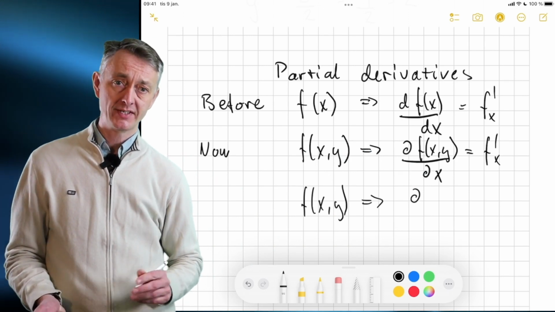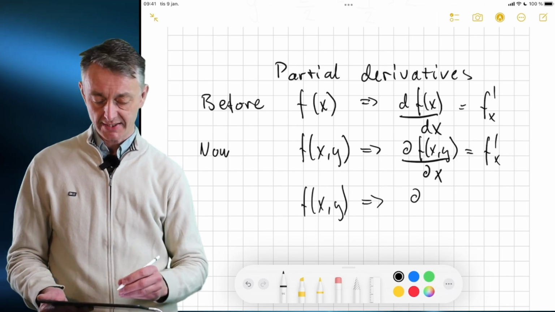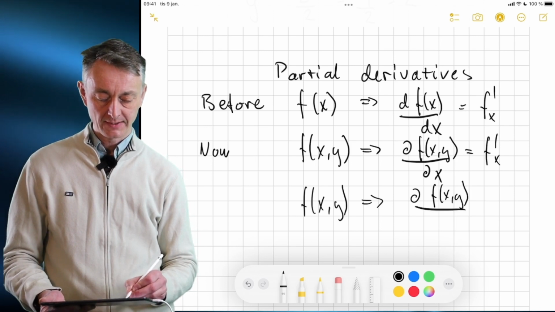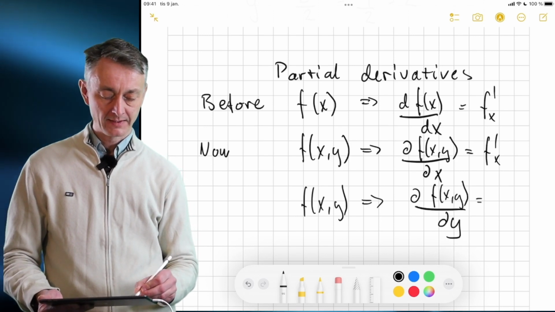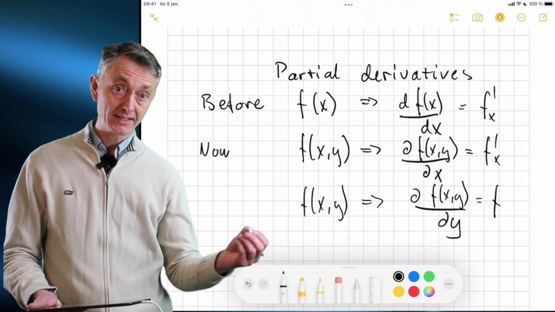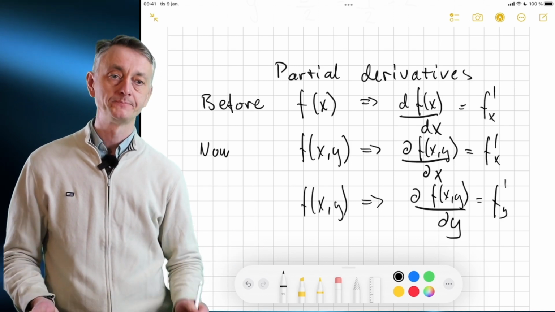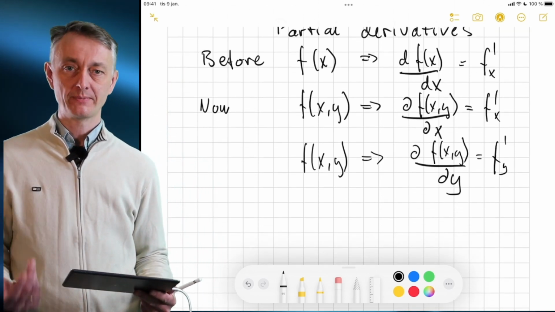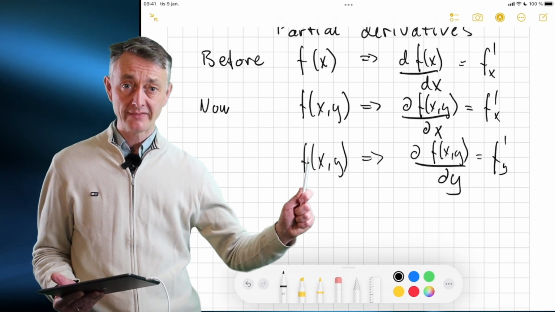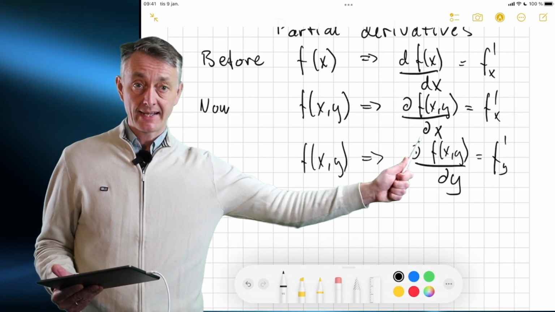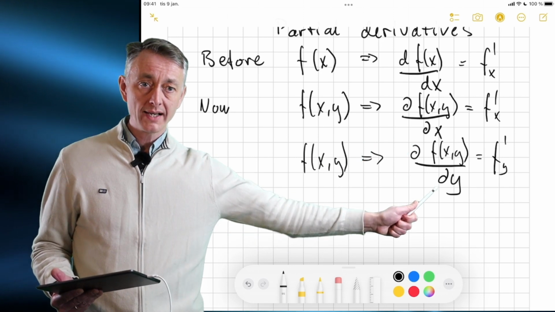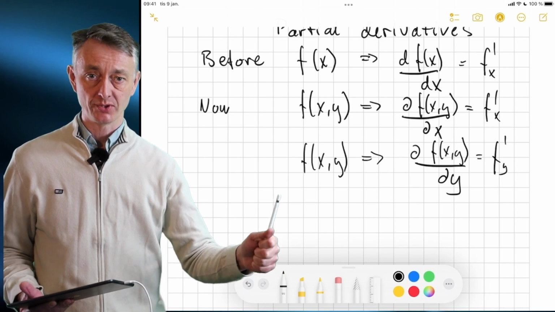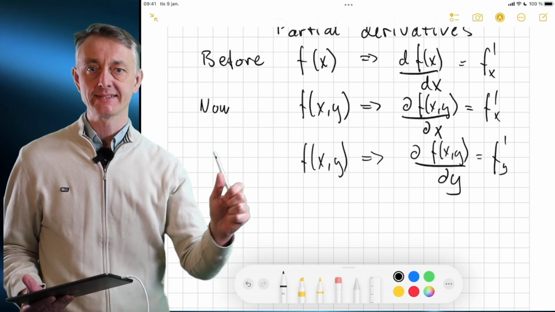Then the partial derivative of this function with respect to y is written as ∂f(x,y)/∂y. Another notation would be f prime of y. The main thing to remember is that when you're taking a partial derivative with respect to either x or y, you are holding all other variables constant. They do not change. You change one variable at a time.